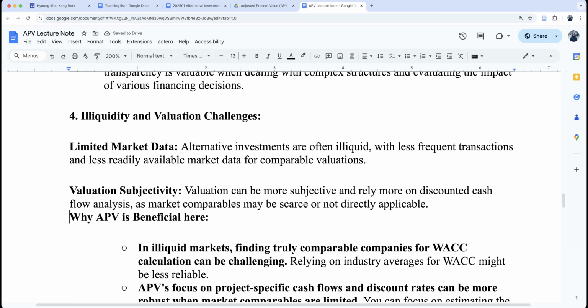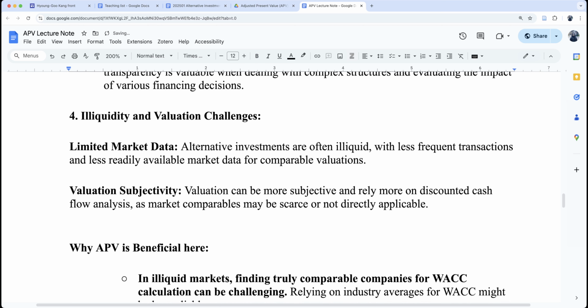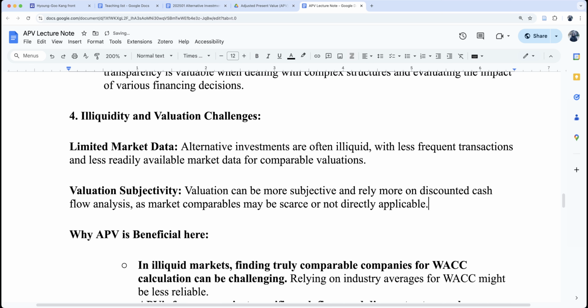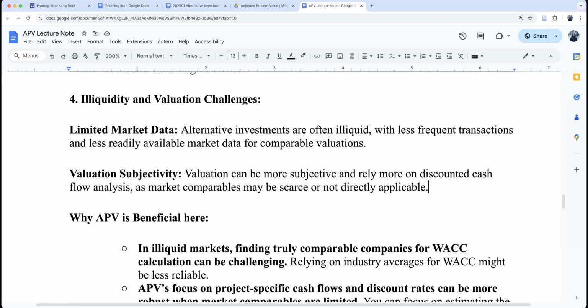That cost is liquidity cost. So you cannot easily get the data, and illiquidity is a bigger problem. Valuation can be more subjective in alternative investment and relies more on discounted cash flow analysis. Market comparables may be scarce or not directly applicable because you don't have enough data.